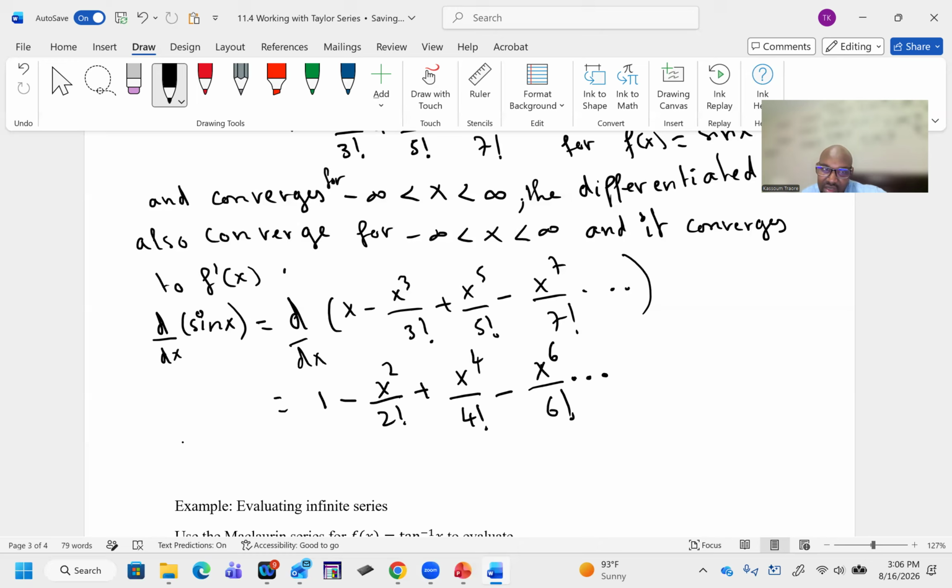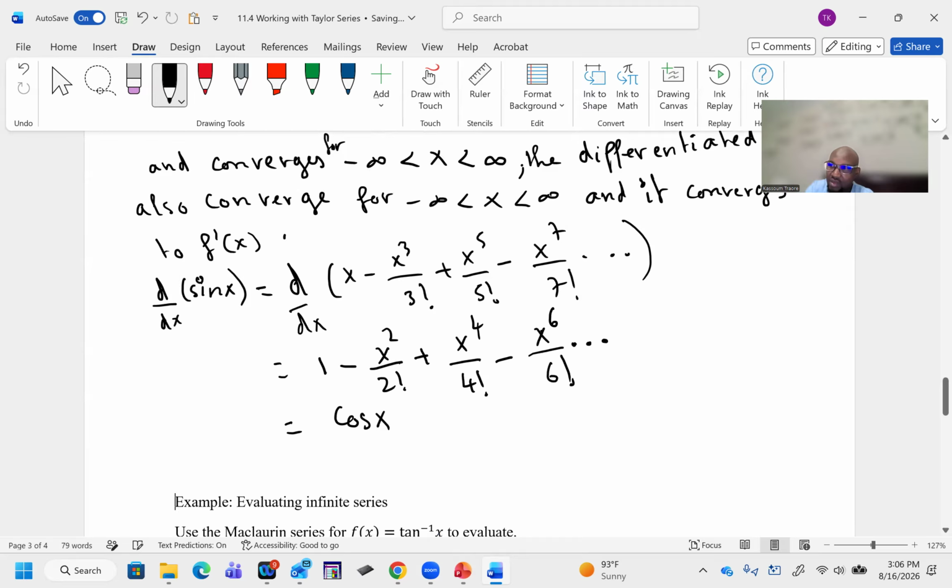And what is this one? This is equal to cosine of x, and that's it. So you can see the differentiated Maclaurin series for sine x confirms that f prime of x is equal to cosine of x, right?